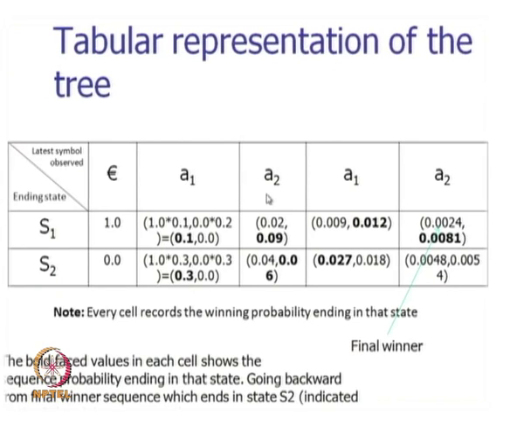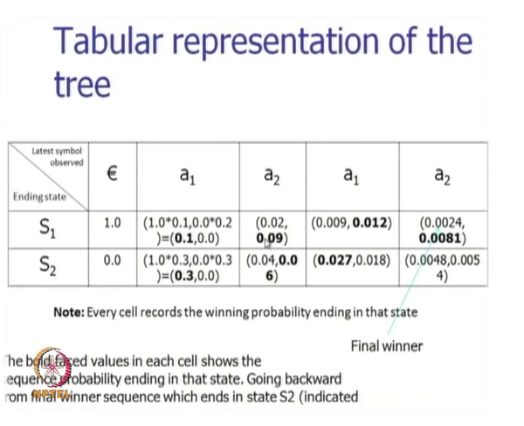The next symbol makes things much clearer. In the next symbol, we find that a tuple has 0.02 and 0.09. The tuple here has 0.06 and 0.04. This 0.09 comes from the accumulated probability 0.3 multiplied by the transition probability of S1 to S2, or rather S2 to S1, on the symbol A2.